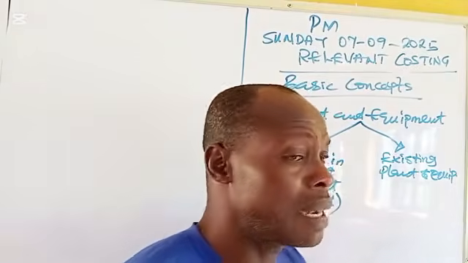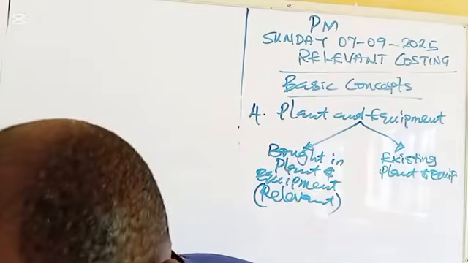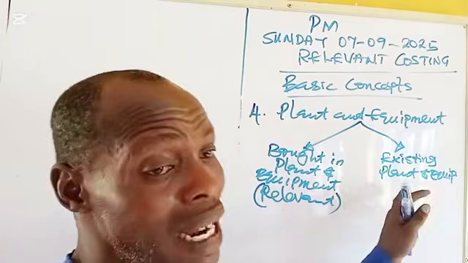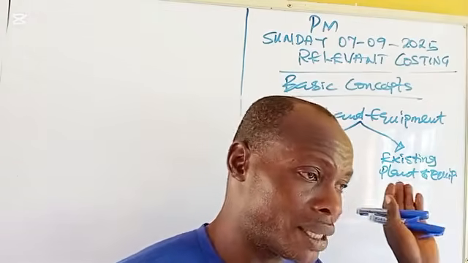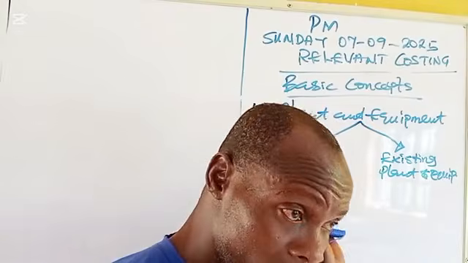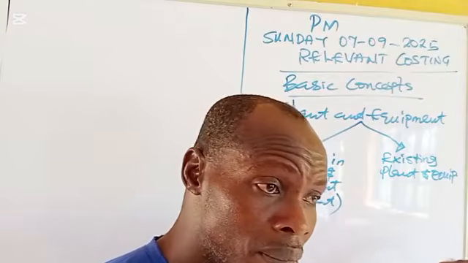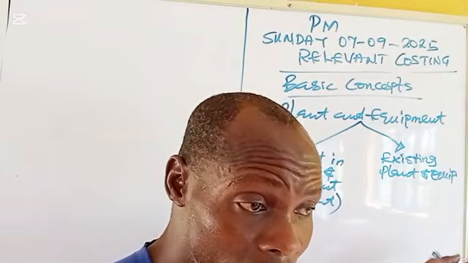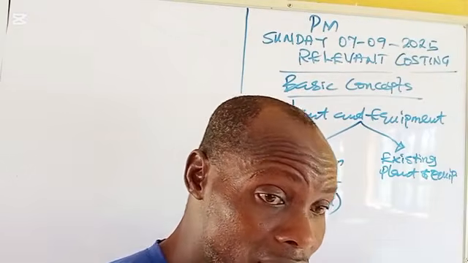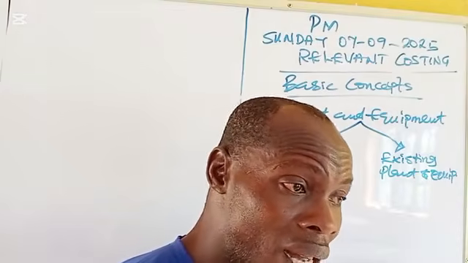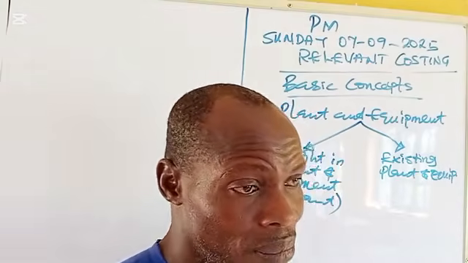Existing plant and equipment are plant and equipment that have been bought sometime in the past, not for the project. That means if you have this, you keep them at their depreciated cost. I mean, in your financial statement, you have cost less accumulated depreciation.